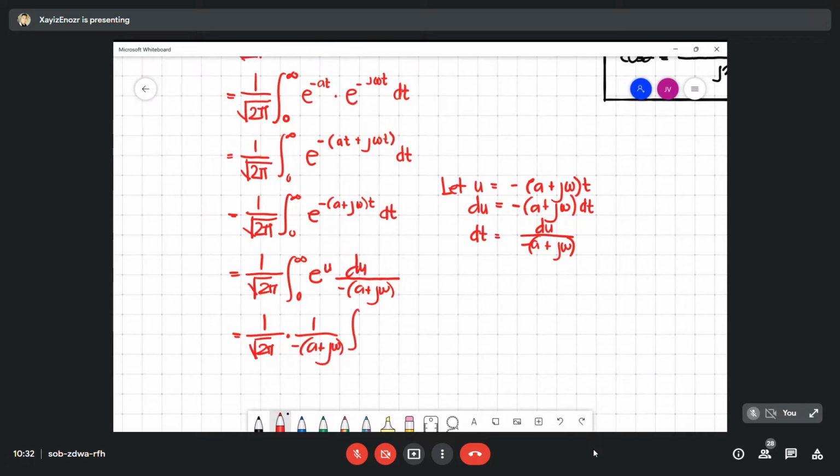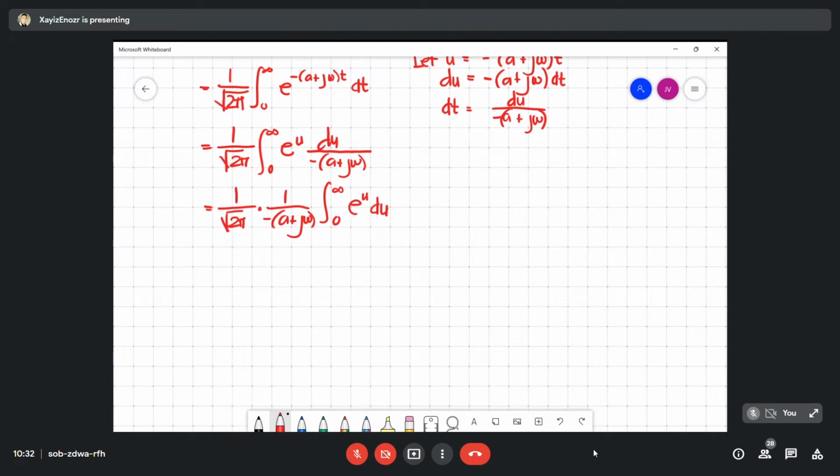So we have the integral from 0 to infinity of e to the u du. We know the integral of e to the u is the same, so 1 over square root of 2 pi multiplied by 1 over negative (a plus j omega) e to the u.